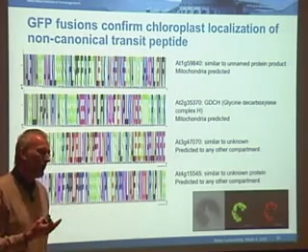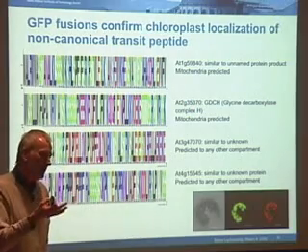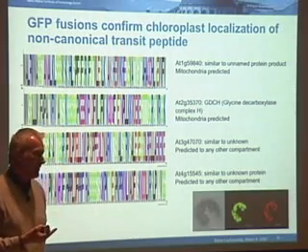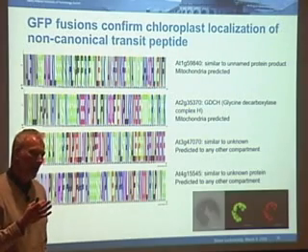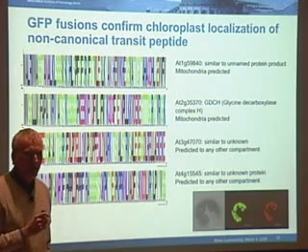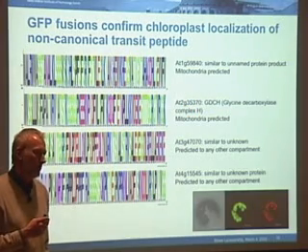So we are quite confident that at least most of the additional proteins that we have identified are chloroplast proteins. That pushes us now to 2,700 proteins, which is getting close to what is being predicted for the chloroplast, 3,000 to 3,500.